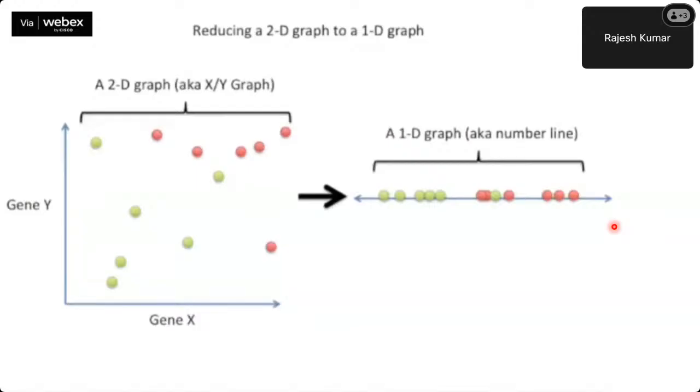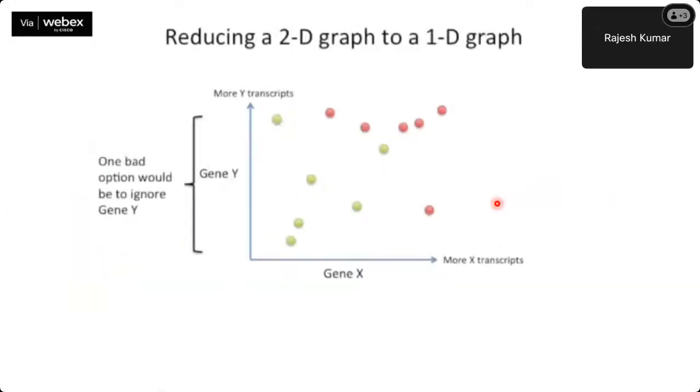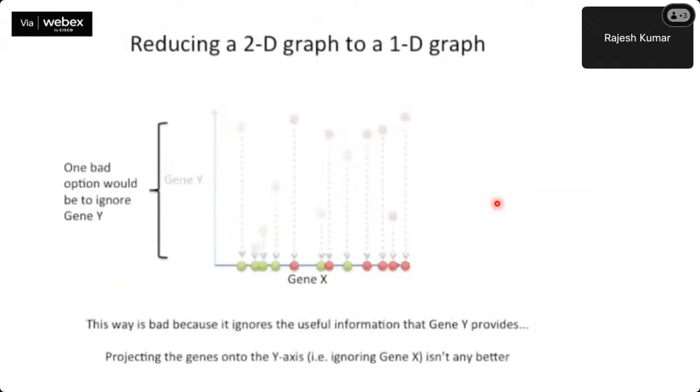If I take a simple projection along gene X, what will be the issue? You will find a few points you cannot classify, because green is in between the red and there is red in between green, so it's difficult to classify. Similarly, if you take a projection along Y, there are issues.